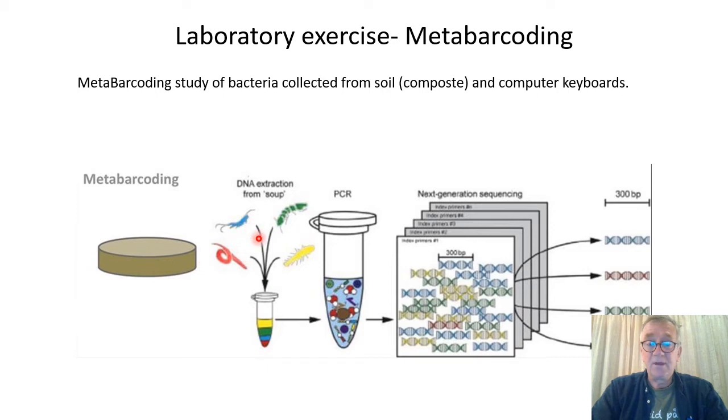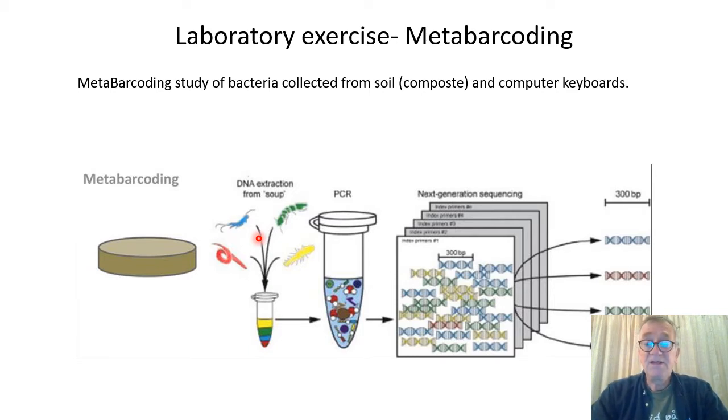Illustrated here, we collect a sample which is already full of various individuals or various organisms. We don't know which species are present. We isolate DNA from this, and in order to identify which species are present, we will run a metabarcoding study.